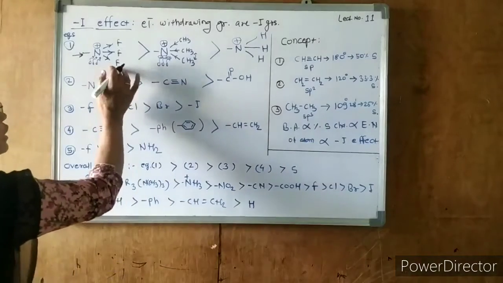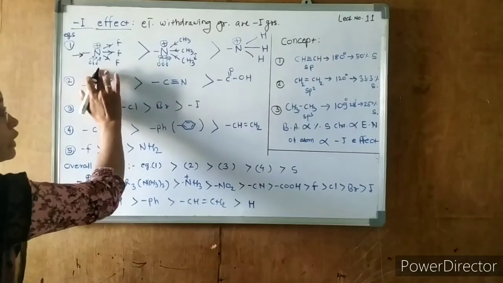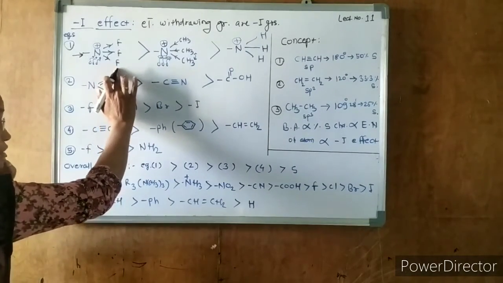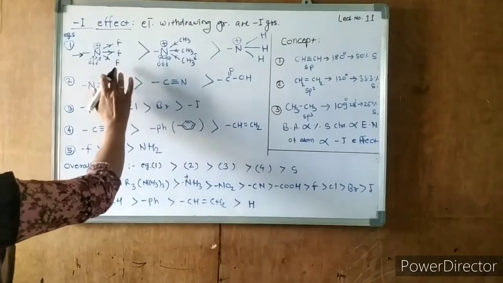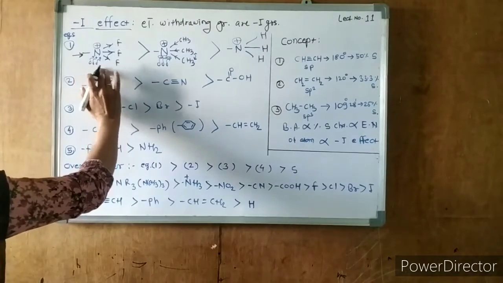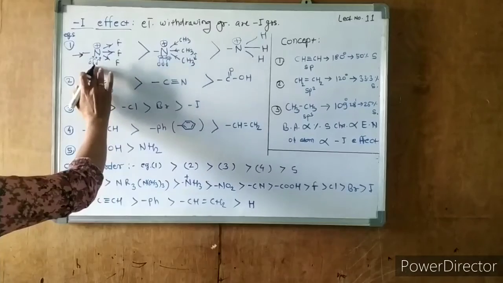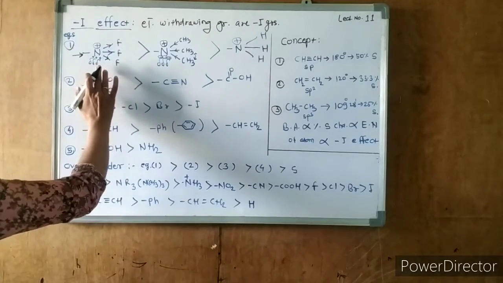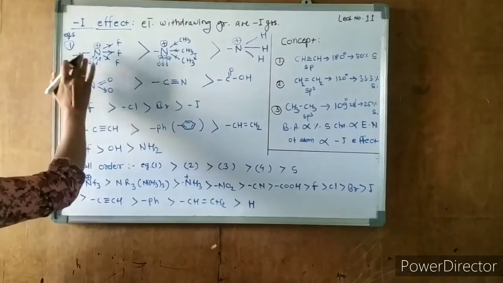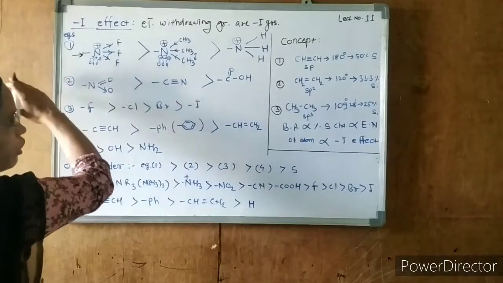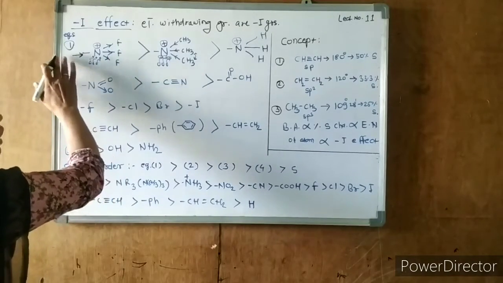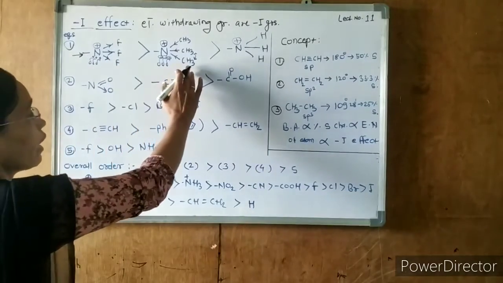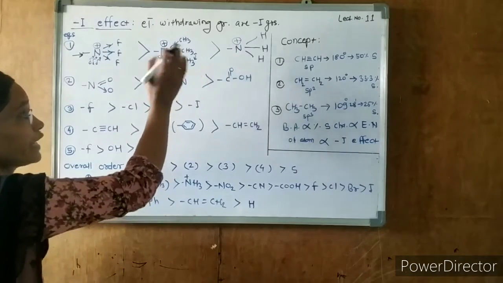So as the electronegativity of fluorine is more than that of nitrogen, the fluorine will withdraw electrons from the nitrogen, and nitrogen becomes very electron deficient, and it will again withdraw electrons from the other side, that is, any other group of the compound. And here, as we know, alkyl groups are electron donating groups.